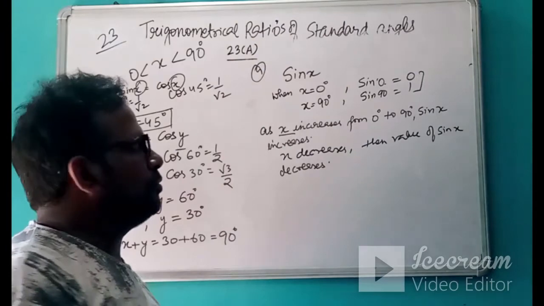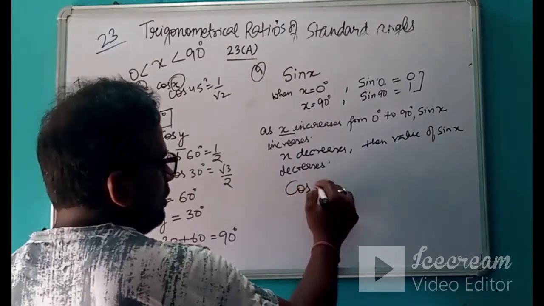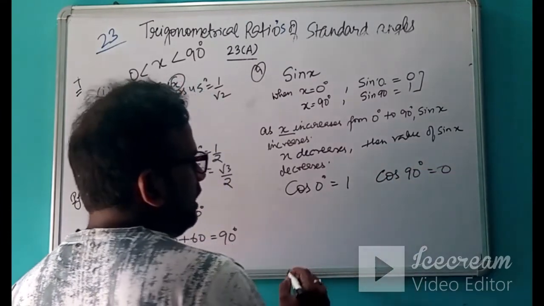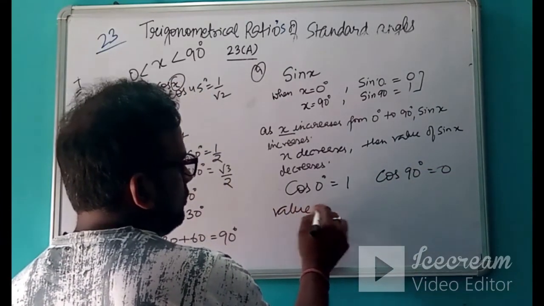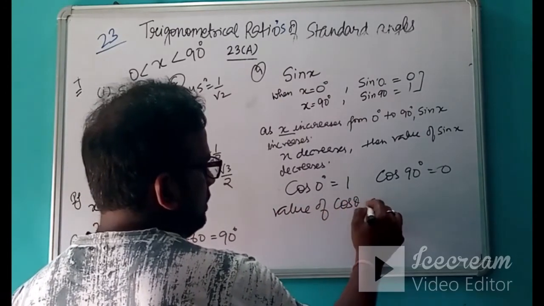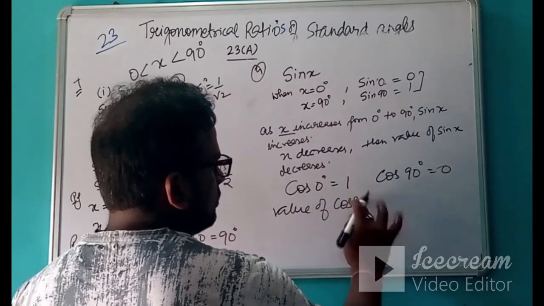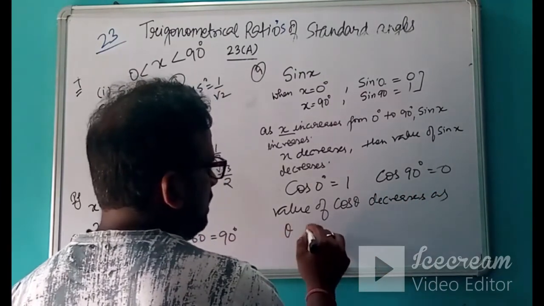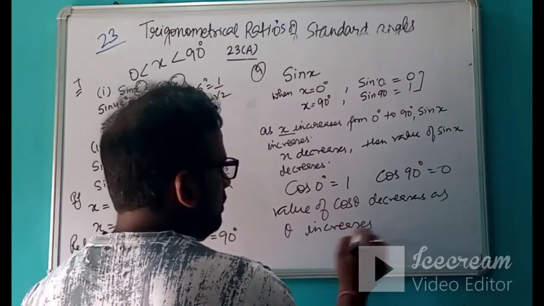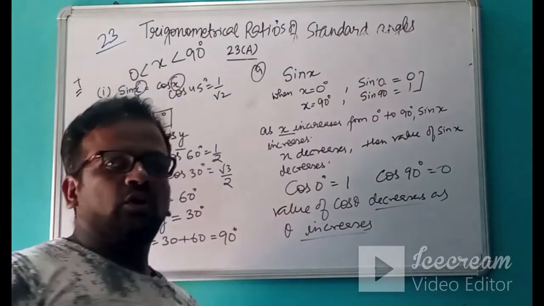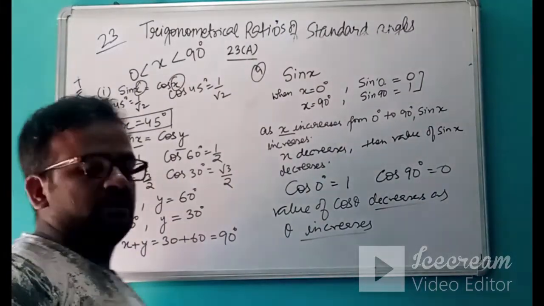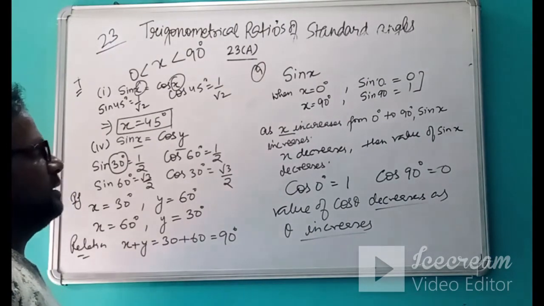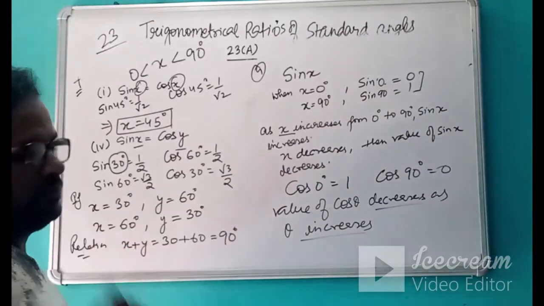Similarly for cos, you can observe cos 0 degrees is equal to 1 and cos 90 degrees is equal to 0. That means the value of cos theta decreases as theta increases. Okay, like this you can observe the values of sin theta and cos theta. Similarly, tan theta also you can observe like this.